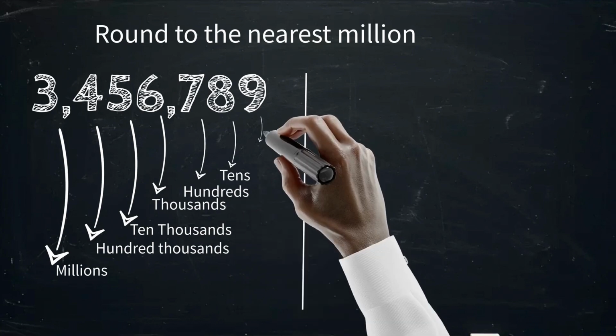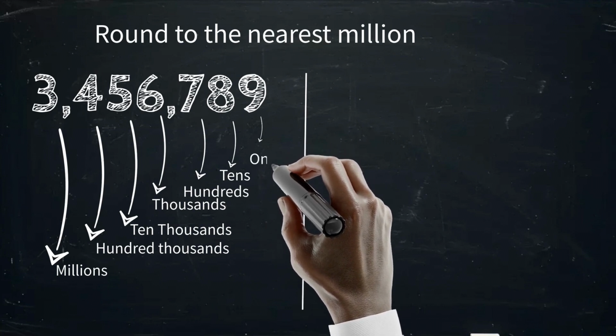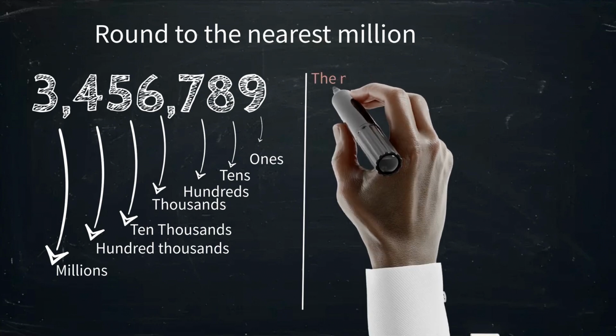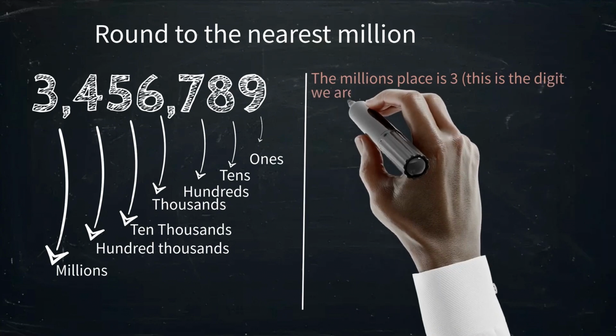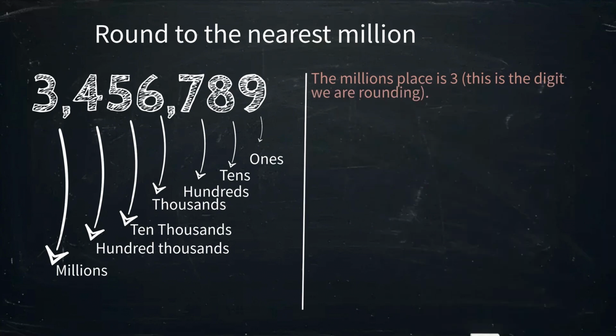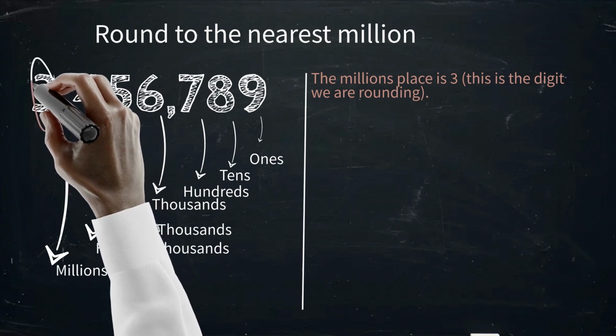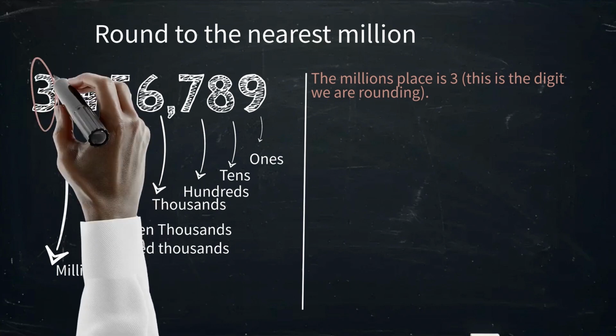Now in this case tutaangalia digit yenye iko in the million place value. Tunaona hapo you have 3,456,789. Now from those place values tunaona digit 3 iko in the million place value, so that is our rounding digit.